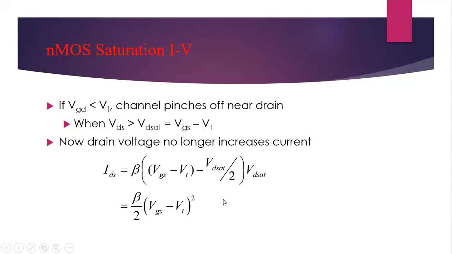Substituting this and finalizing, we will get beta by 2 into VGS minus VT the whole square. So now this drain current is independent of your VDS in the saturation region. So the IDS value for saturation has a different formula: beta by 2 into VGS minus VT the whole square.